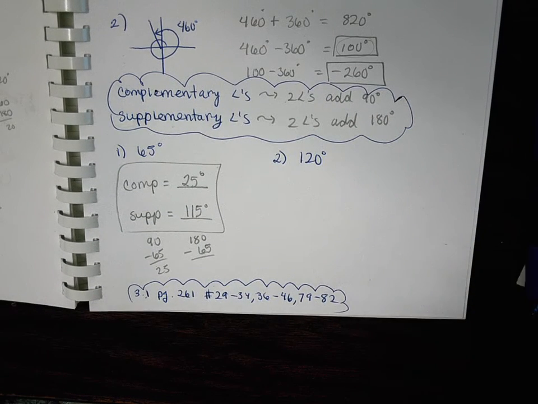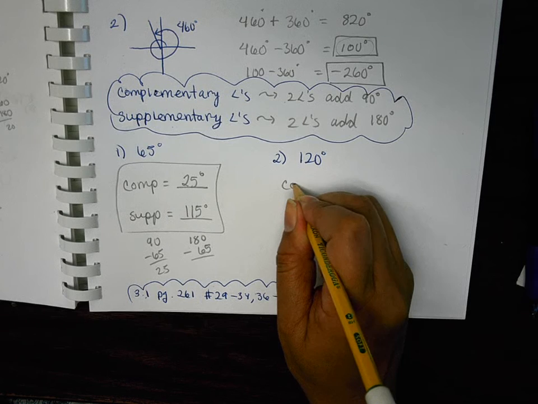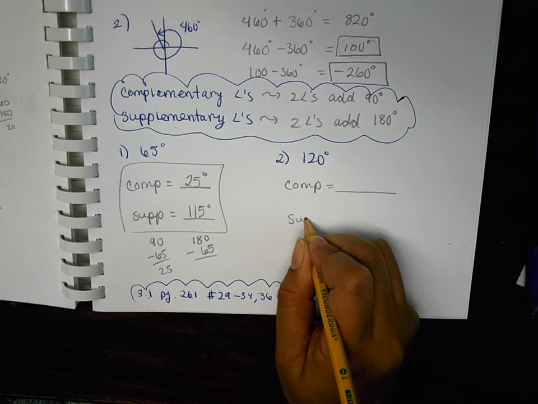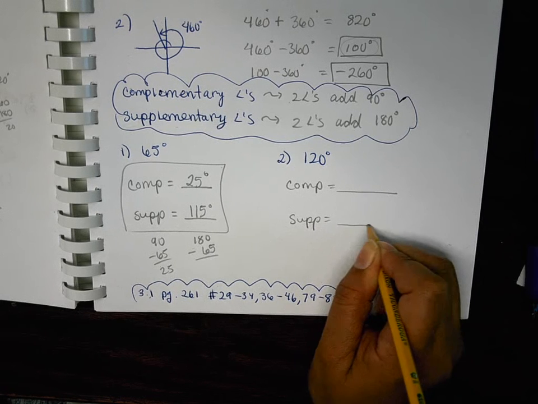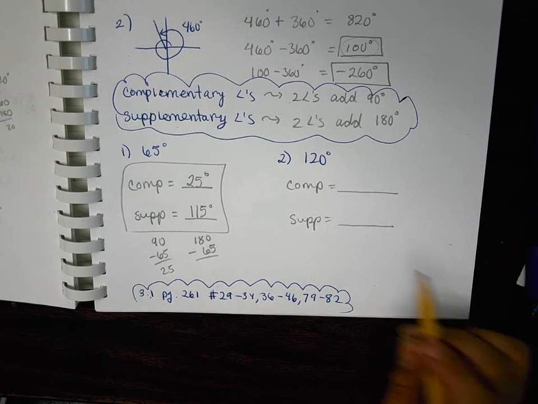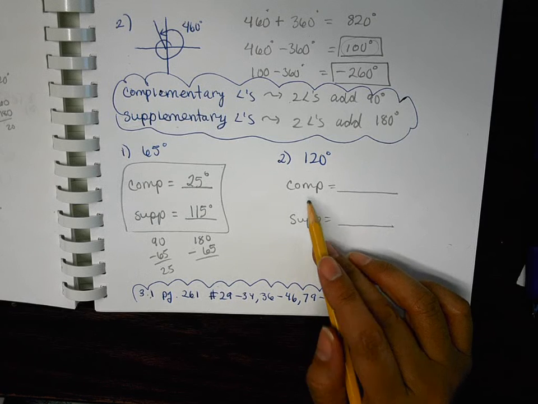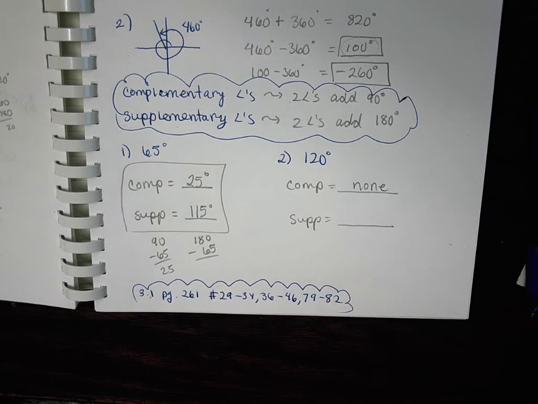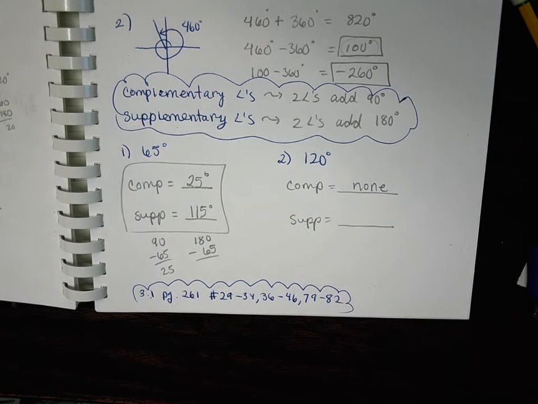And complementary and supplementary are positive. You should have positive answers here. So knowing they should be positive, does 120 have a complementary angle? It does not. 120 cannot add to a positive angle and get 90, so there is no complementary angle. Does it have a supplementary angle?